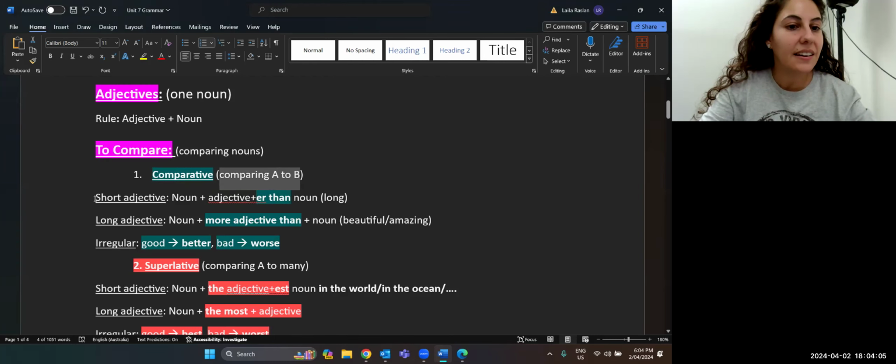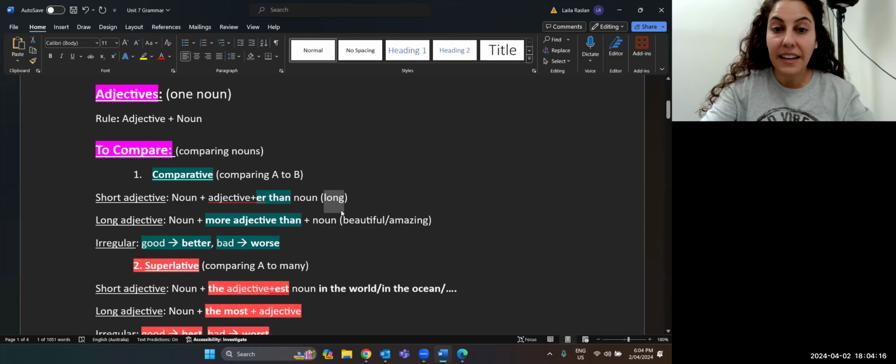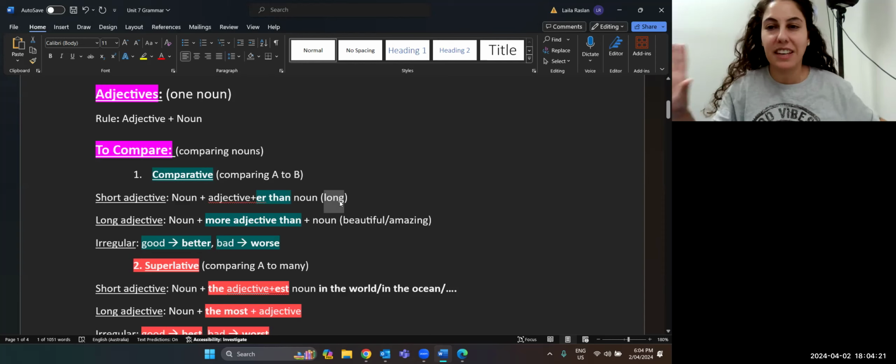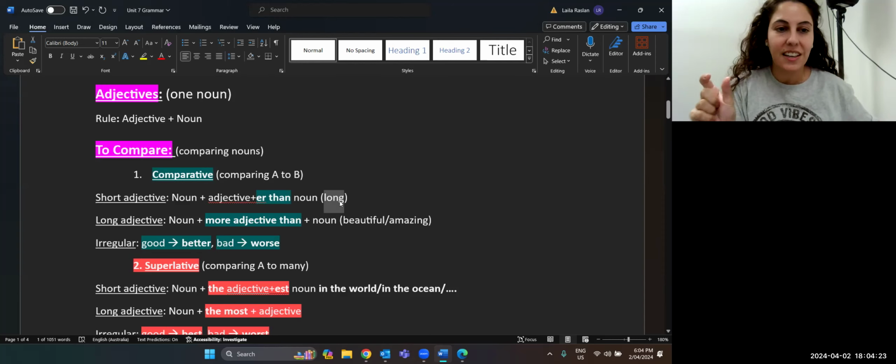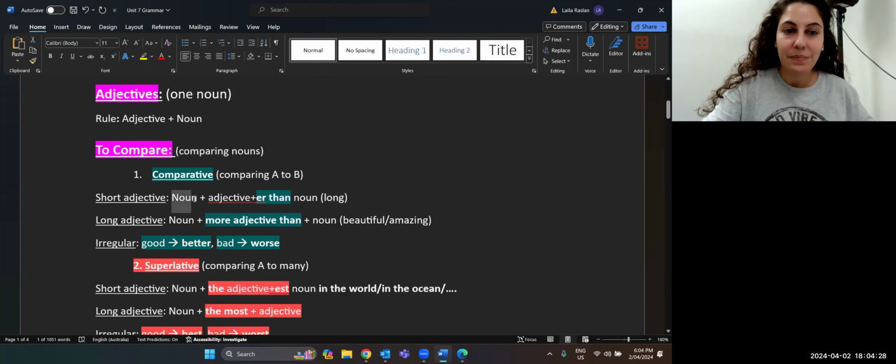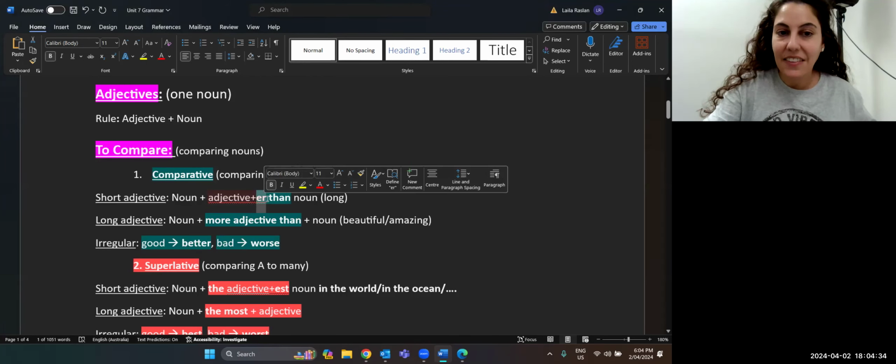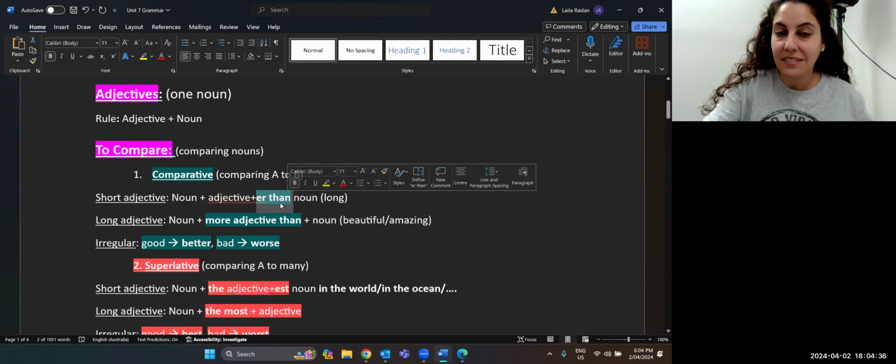Now, when I do that, if it's a short adjective, that means words like long, tall, nice, kind. Okay, they're short because there's only maximum 5 letters. So it's a short word. It's called a short adjective. And when I need to compare, I have the adjective, but I need to add an ER and then the word then.